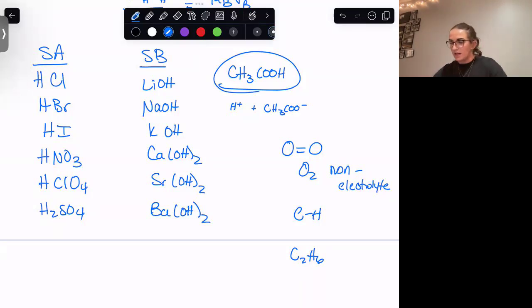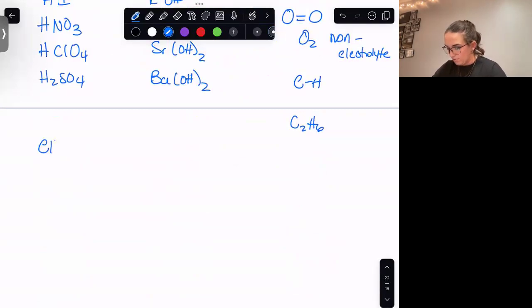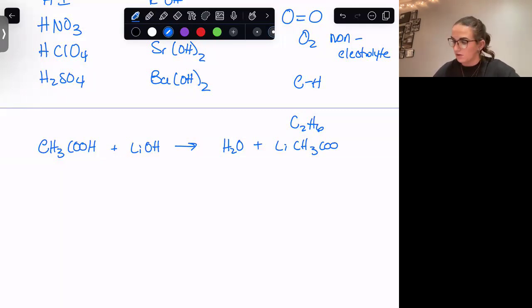So this plays into net ionic equations. So if you had something like this, in your net ionic equation, when you split this up, this first acetic acid does not dissociate.